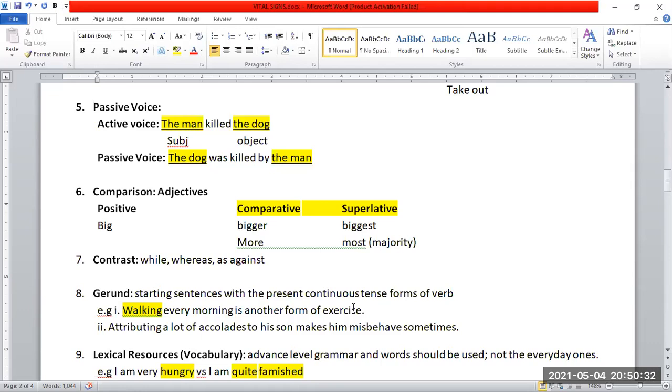So, comparisons are basically adjectives, but IELTS will not use the positive, because it wouldn't carry much weight or confusion. But they make use of the comparative.